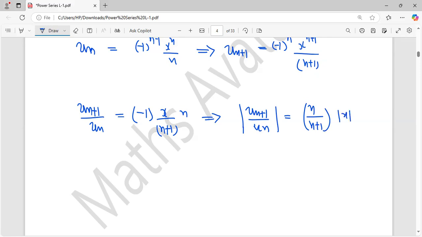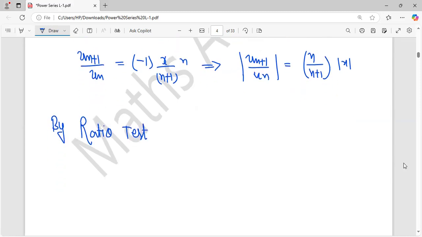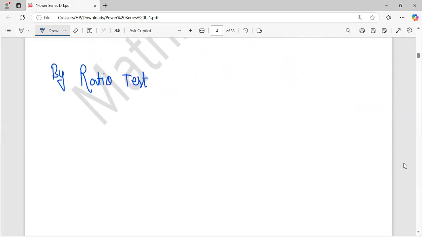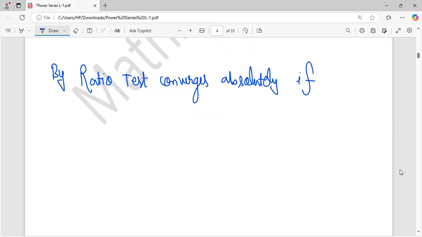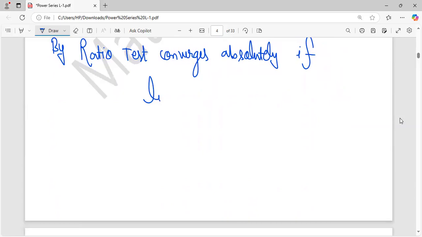Okay, so by ratio test, the series converges absolutely if the limit as n tends to infinity of un plus 1 upon un is less than 1.